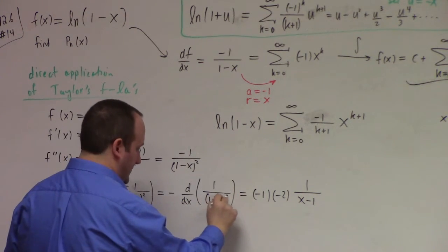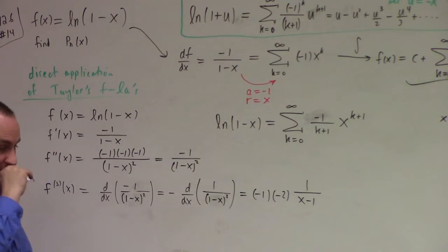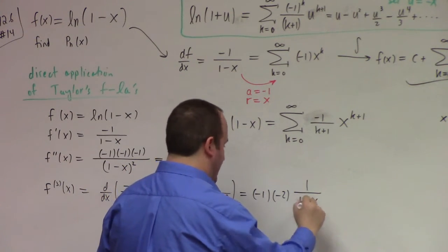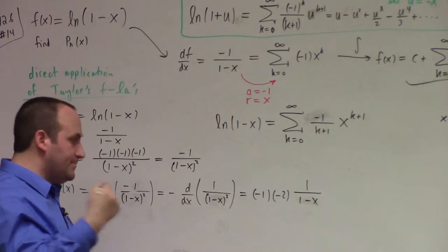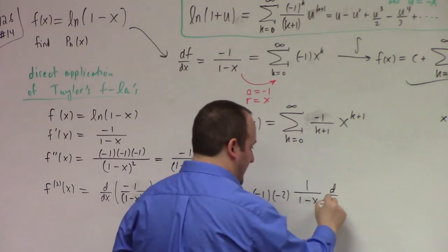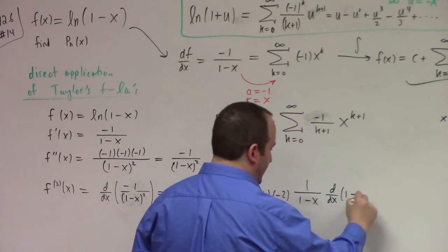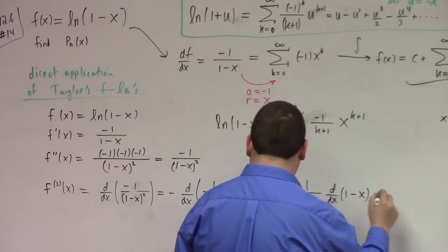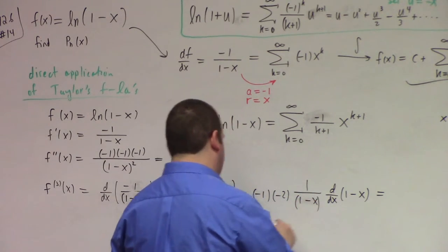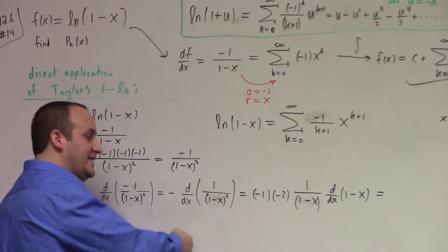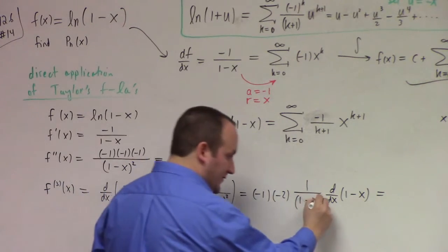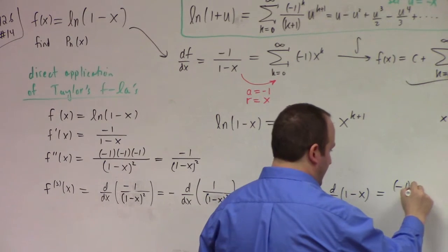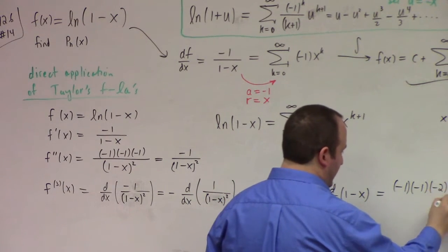So let me not get in a bad habit. So 1 minus x, right? And then times what? Chain rule says times the derivative of the inside function, which is minus 1. That's why I have the 3 minuses. And this is a what? We decrease the power when we differentiate by 1, so the 2 becomes a 3. So that's why I wrote minus 1 times minus 1 times minus 2, or whatever order you want to write there.